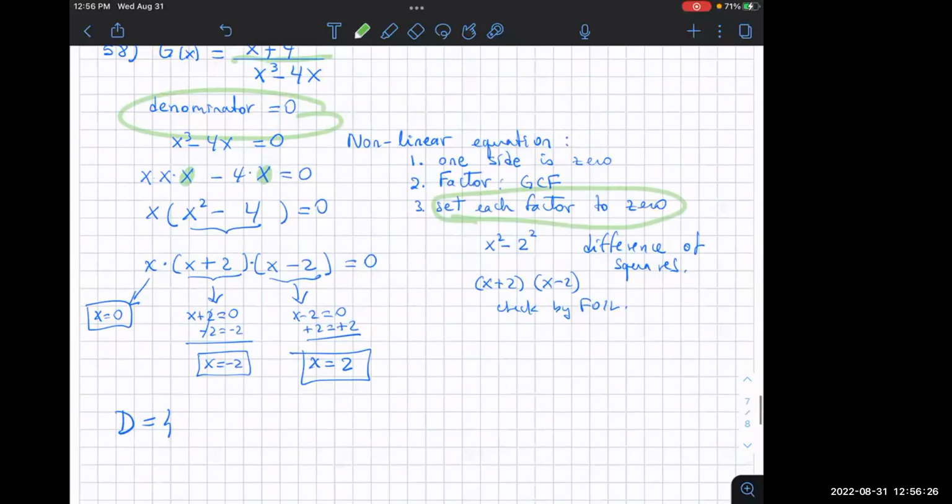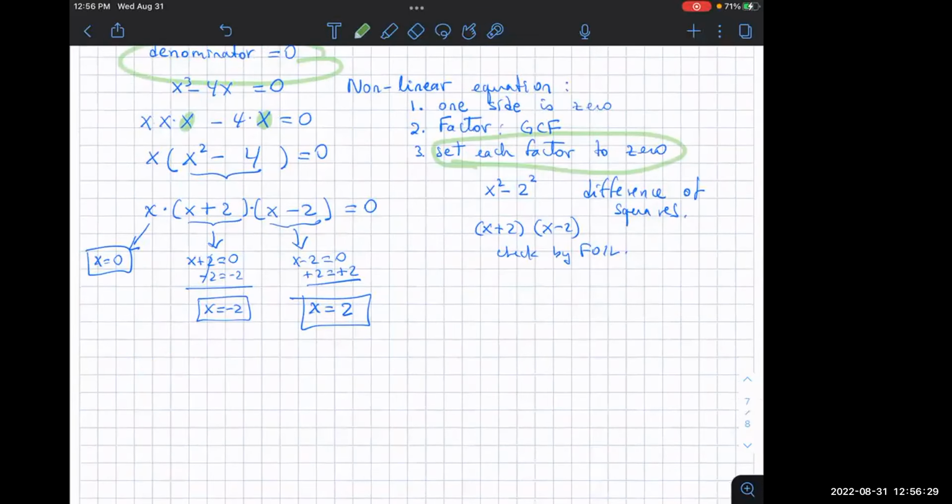Let's check and see what happens. x equals 0. Usually you check on the top, but let me check over here so that you can see why. So I put 0 times 0 plus 2 times 0 minus 2, right?